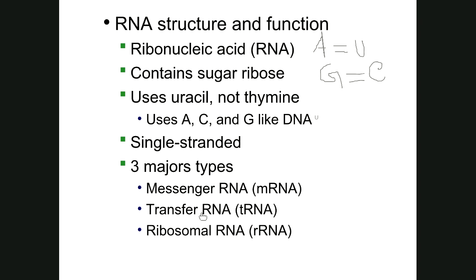Second one called transfer RNA or tRNA. The third one called ribosomal RNA or rRNA. It is important that all these 3 types of RNA are produced from DNA.